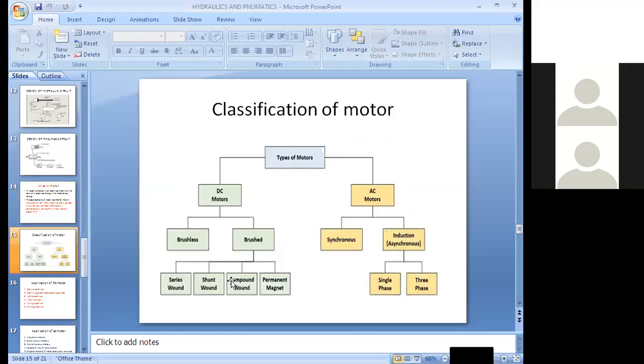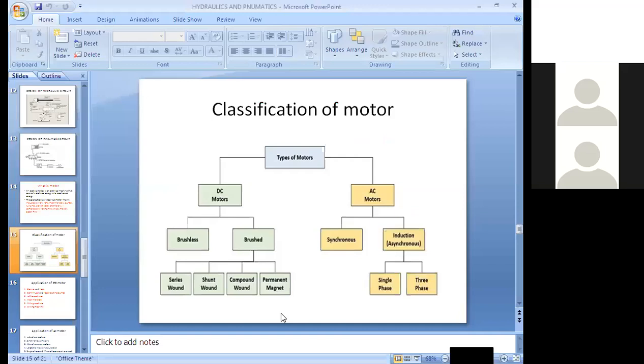In the brushed type there are series wound, shunt wound, compound wound, and permanent magnet. We don't want to study deeply, but at least we have to have an idea about the motors. In the subject we have different machines and motors.